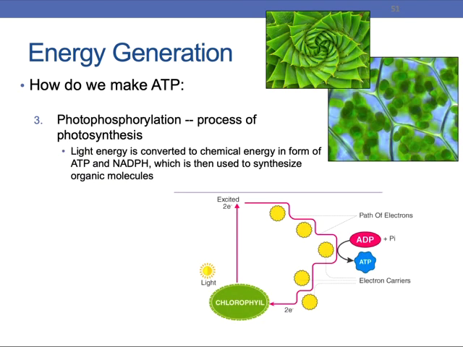So that's the second way of synthesizing ATP. Then there's a third manner in which ATP is synthesized, and that is known as photophosphorylation. So light is used to convert chemical energy, ADP to ATP. What happens is that you have, for instance, photosynthetic microorganisms that will trap the sun's rays.